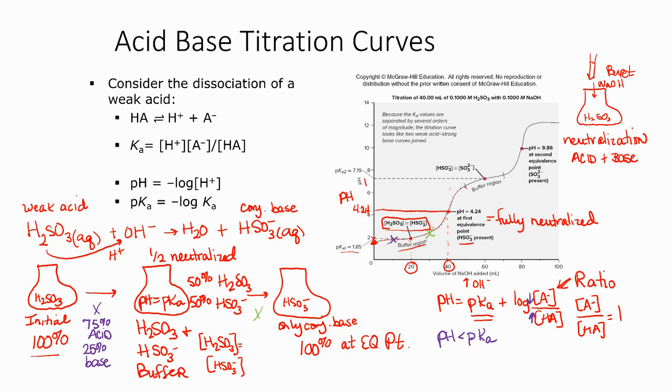That would be maybe 75% base, 25% acid. And in that case, I'm going to put this over here in green, we'd have more A minus than HA. So pH would be greater than pKa.